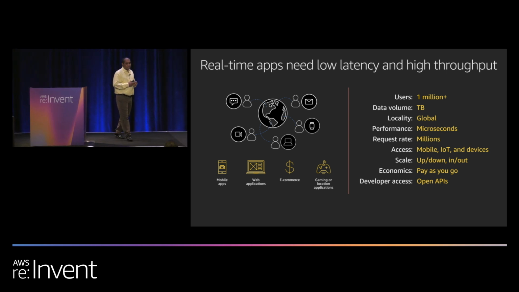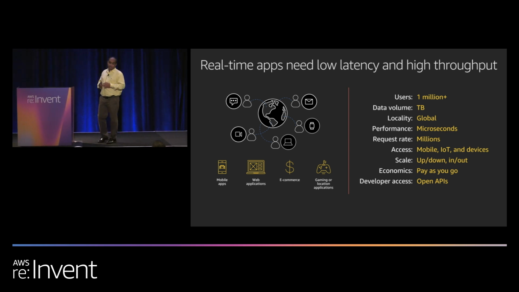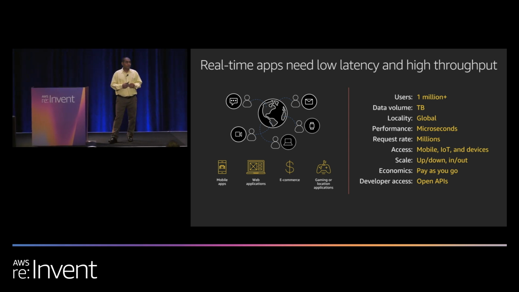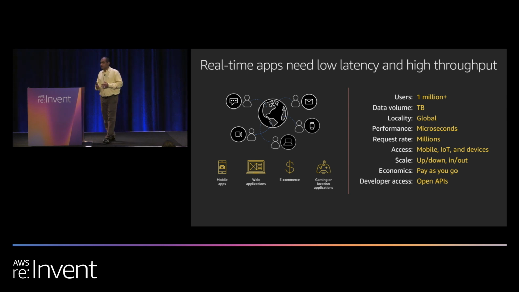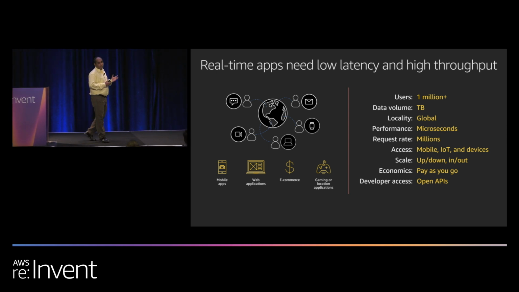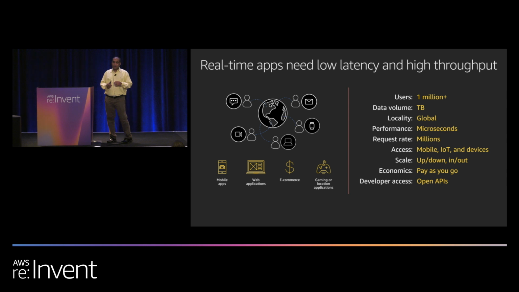Typically, they're dealing with terabytes of data and sometimes petabytes of data. But you're talking about latencies less than even a millisecond. We say microsecond is the normal. So some of our workloads have latencies of like 300 microseconds. And so you're talking about really extremely low latencies.